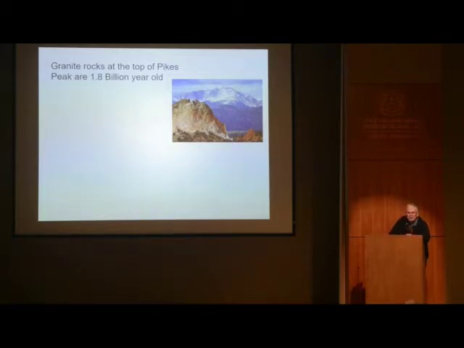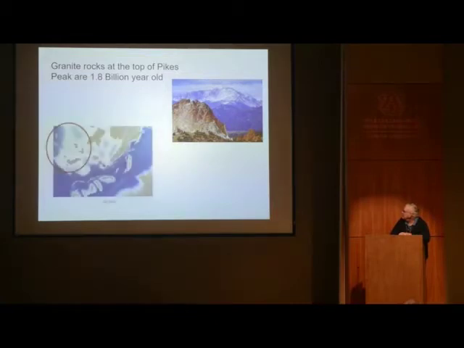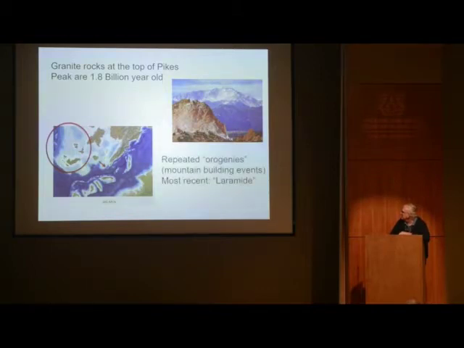Of course, they were formed much earlier, and at one time, as I just showed you, were down beneath the sea, beneath the water. So you go back here 360 million years ago, and there was hardly anything out there. We use the term orogeny to mean mountain building event. And so there have been repeated orogenies long before this, but the most recent is called the Laramide.